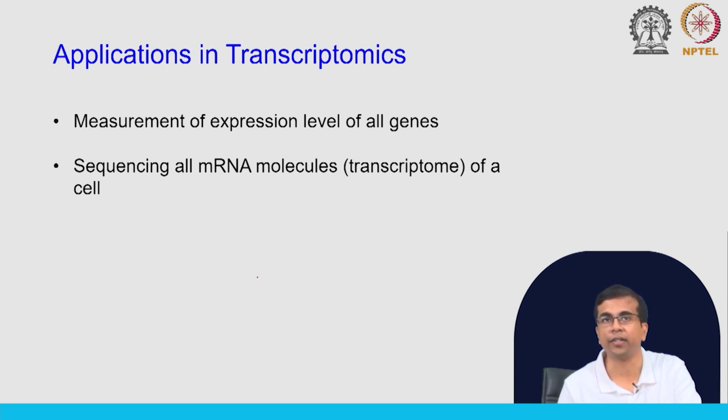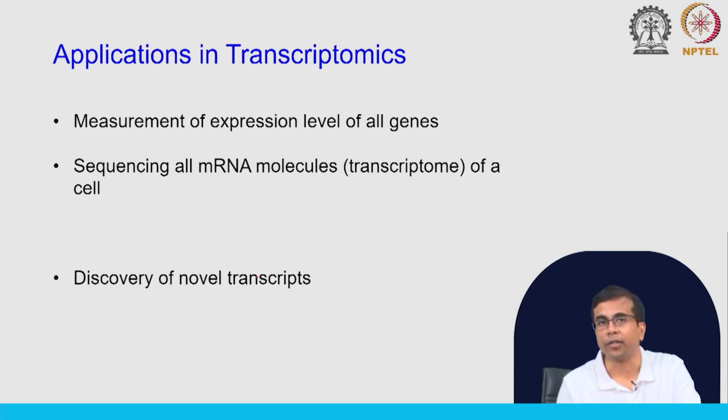What happens in transcriptomics is we measure the expression level of all genes and sequence all mRNA molecules, the transcriptome of a cell. Of course, we do not directly sequence mRNA, there are specific processes that we go through. It allows us to discover novel transcripts, and there are probably transcript variations that can happen from normal to disease samples, and we can identify those.